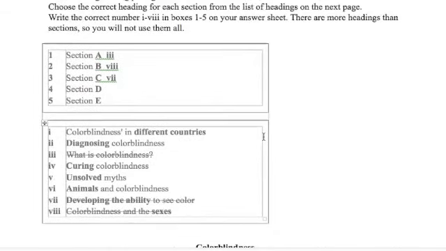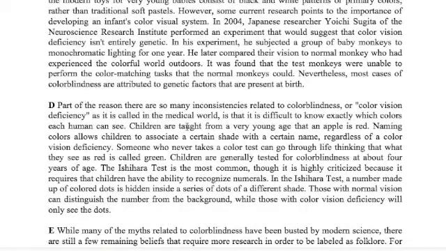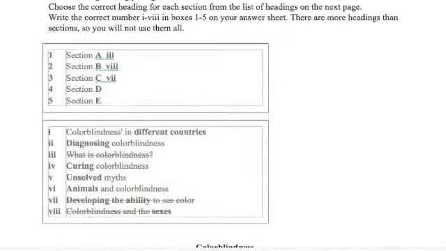Anything about medicine? Well, yeah, we have diagnosing and we have curing, both related to medicine. But they also said difficult to know. Which one of these is difficult to know? Absolutely, diagnosing. That's what that means. So we cross off diagnosing. We go right here. And the answer is number 2.